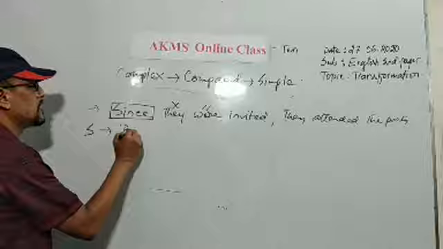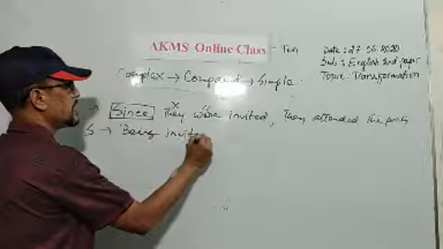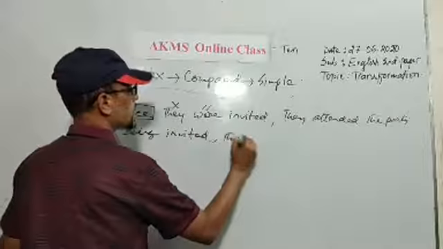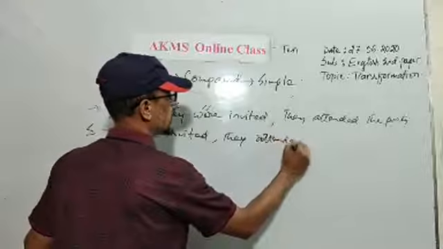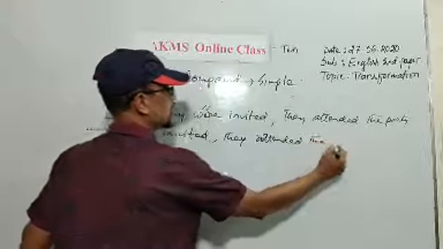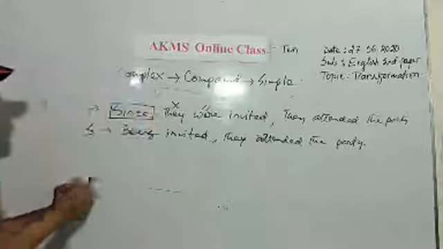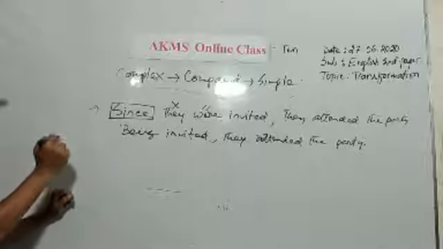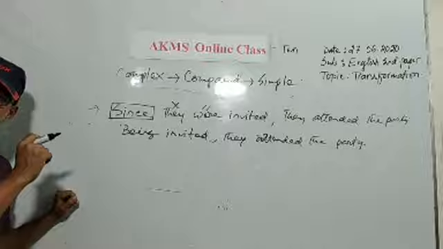So I will use being invited. Being invited. You will write the principal clause. They attended the party. Okay? You can also use because of being invited. Because of being invited. Due to being invited.